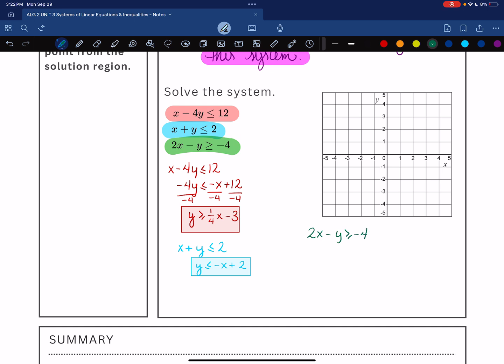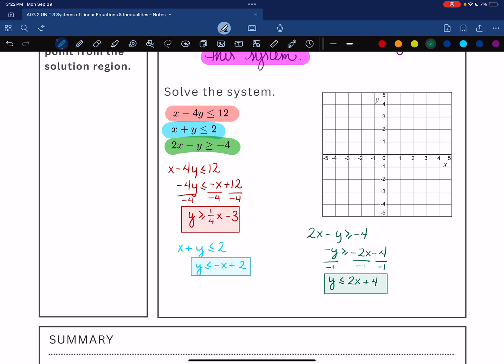All right, we're going to have to take the 2x to the other side. So that's going to be minus 2x and then the minus 4. And again, divide every single term by the negative so that y is isolated. And that's going to give us y. But because we divided by a negative, we have to change the direction of our sign. This is going to be a positive 2x and a positive 4.